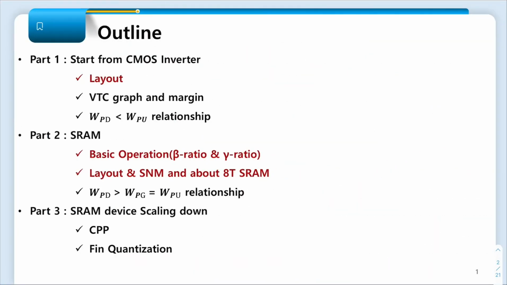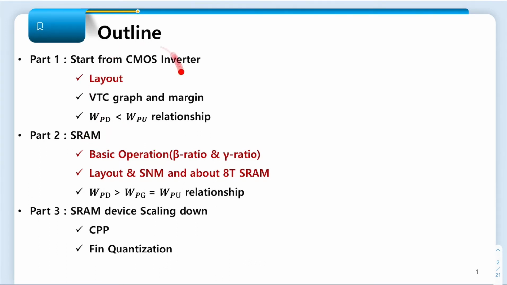So, here is the outline. Before we take a look at SRAM device in detail, I think we have to understand the CMOS inverter more specifically. So, we are going to discuss the CMOS inverter layout, the VTC graph, and its margin. The VTC graph, which is the basis of butterfly curves in SRAM device, is very notable.